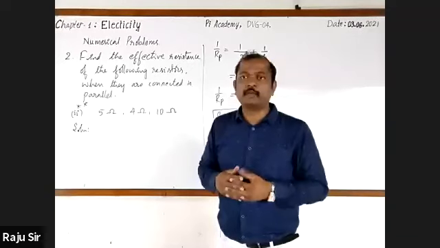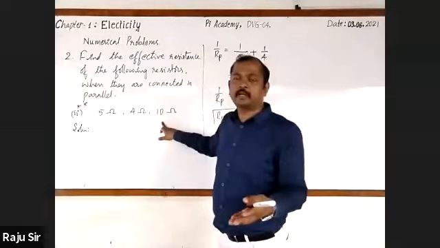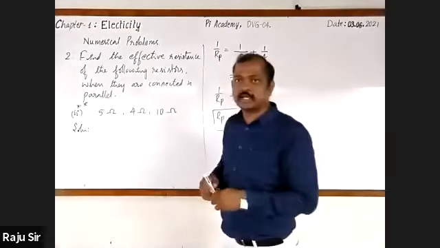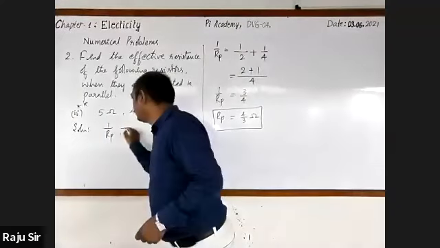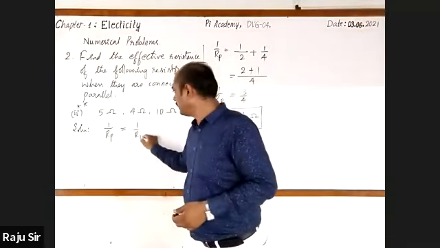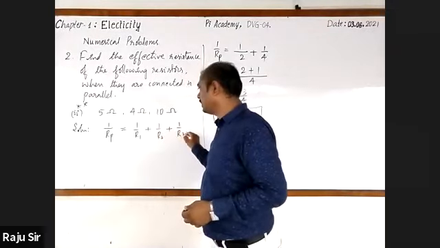They've asked you to find the effective resistance for these 3 resistors when they are connected in parallel. Here 3 resistors are there. Hence, I write the effective resistance as 1 by Rp is equal to 1 by R1 plus 1 by R2 plus 1 by R3.